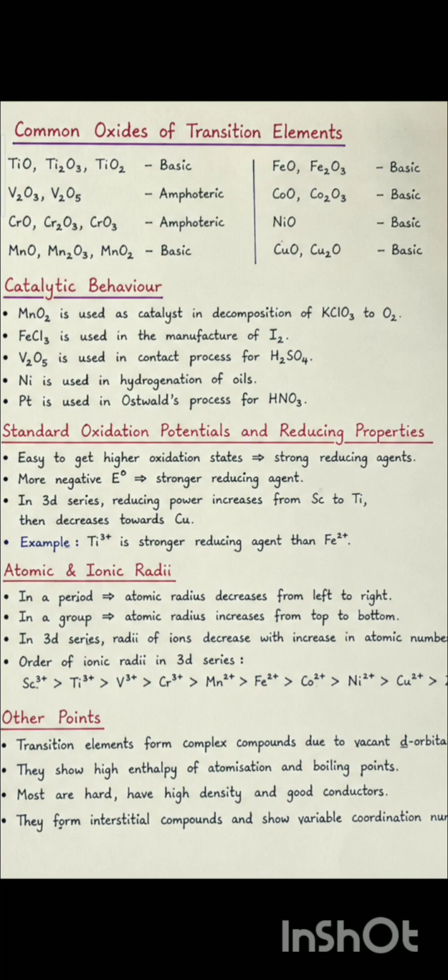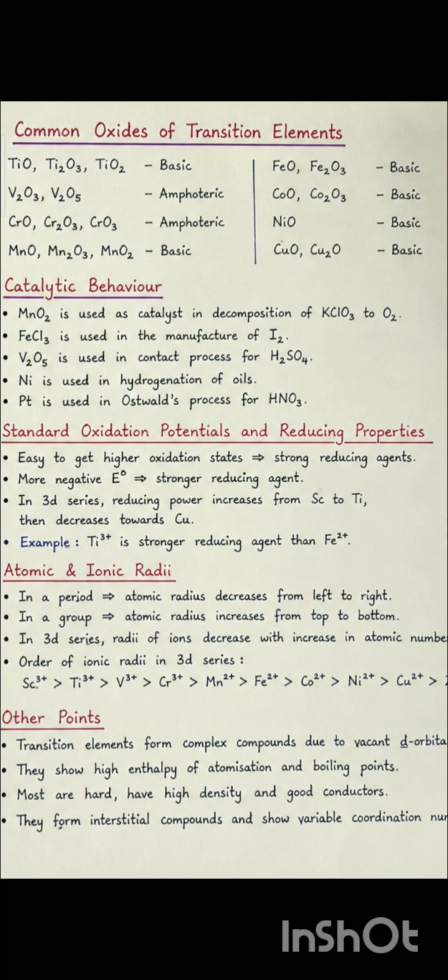And if we consider Mn2O3, manganese is +3 also. Plus 3 means basic. Manganese's highest oxidation state is +7. In that, +3 is basic only. VO is also basic. V2O3 is amphoteric.